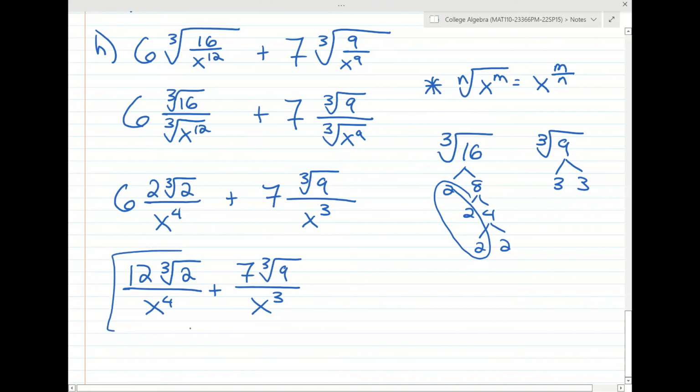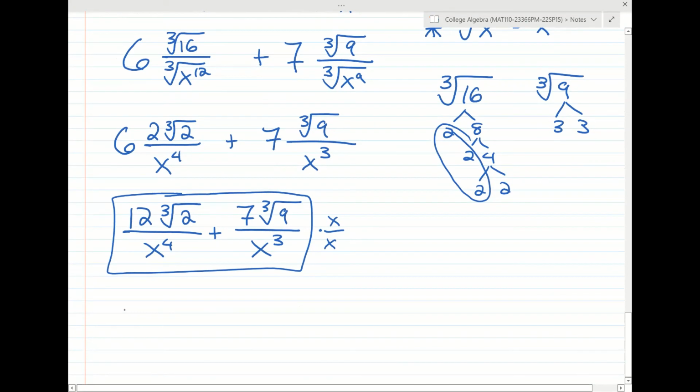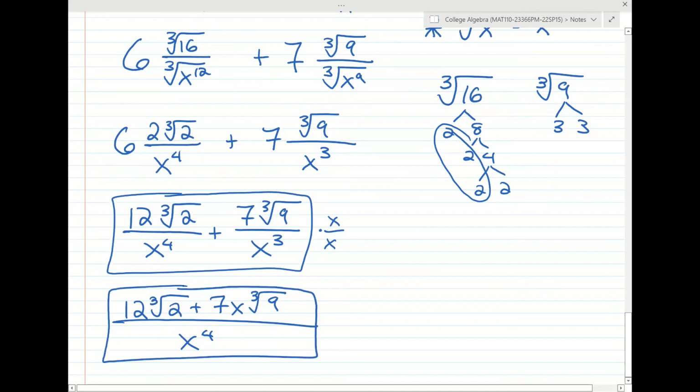So the way we would get a common denominator to add these fractions together is make both denominators x to the 4th. So you could simply multiply the top and bottom of this fraction by x, and you'd get 12 times the cubed root of 2 plus 7x cubed root of 9 all over x to the 4th. If you wanted to write it as a single fraction, that's how you would do it.